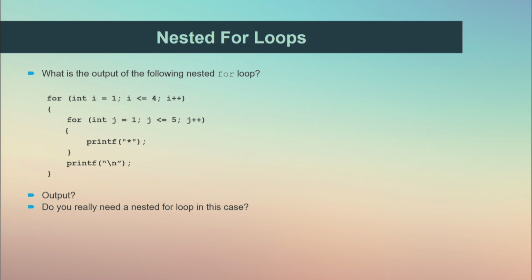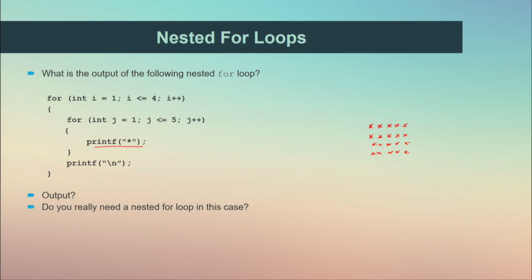Because we can see here that it displays a star or asterisk. So, the inner loop will be executed 5 times. So, 5 times the asterisk will be displayed and then the i value will be incremented, it displays again 5 stars, it again displays 5 stars, it again displays 5 stars.